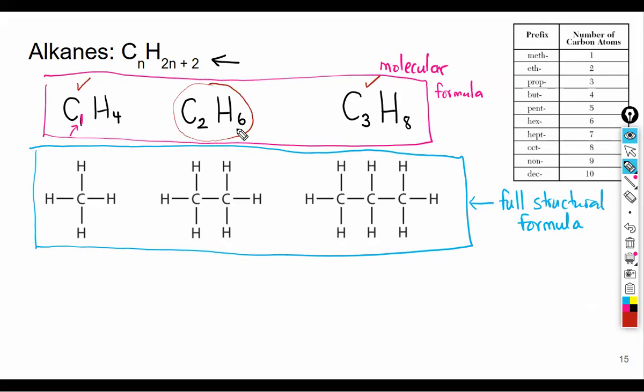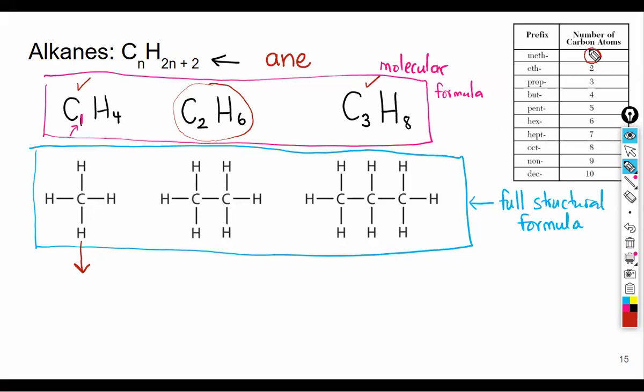Let's start naming the alkanes. We didn't name any yet. Here's the cool thing. All alkanes end with the word "ane." The first one has how many carbons? Only one carbon. Look at the chart here.